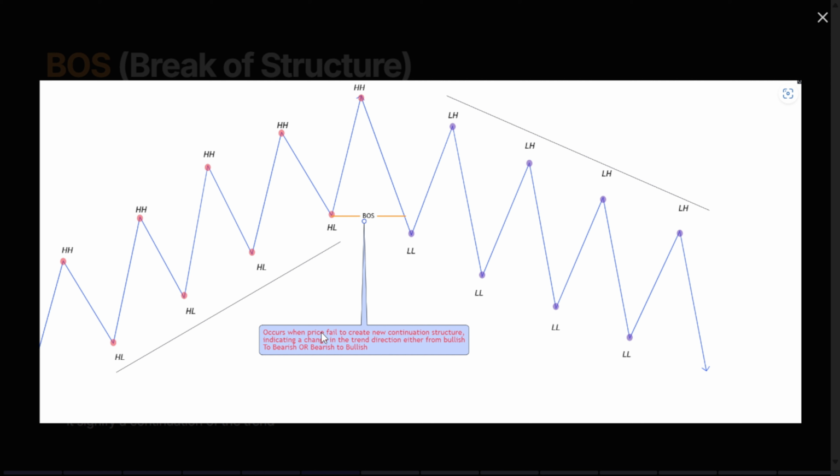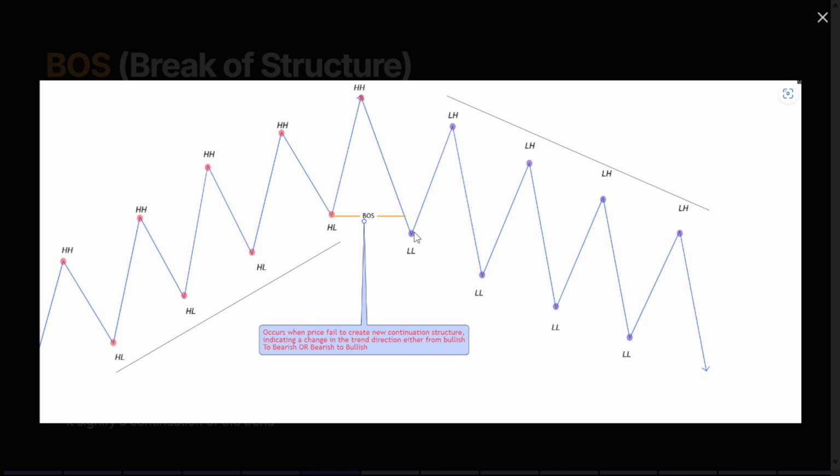So a BOS occurs when price fails to create new continuation structure, indicating a change in the trend direction, either from bullish to bearish or bearish to bullish. It can also happen vice versa, just as it happens here from bullish to bearish.